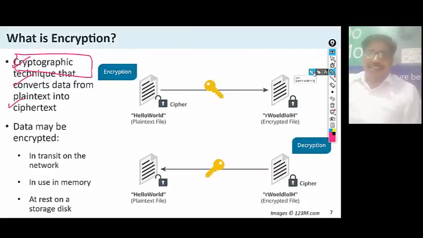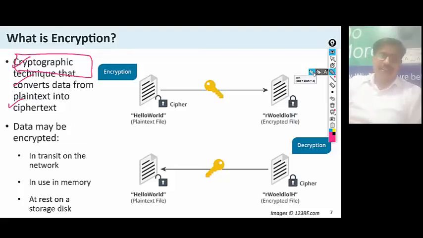So now the thing is good. Yes, I can maintain confidentiality, integrity and availability, but how? How can you protect the data? If the data is stored in plain text, anybody who has the hard disk can read the data.